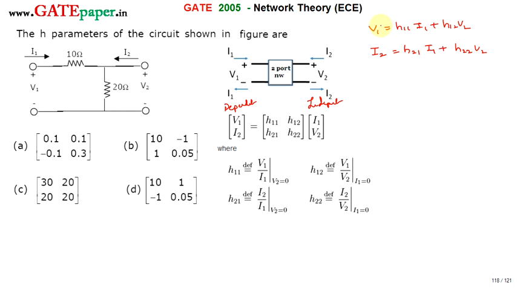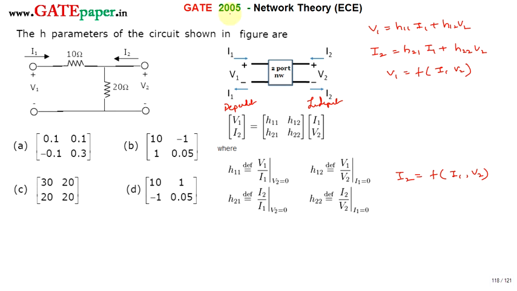So you must be able to write V1 in terms of I1 and V2, and I2 in terms of I1 and V2. Writing V1 as a function of I1 and V2, you get H11 and H12. Writing I2 as a function of I1 and V2, you get the values of H21 and H22.